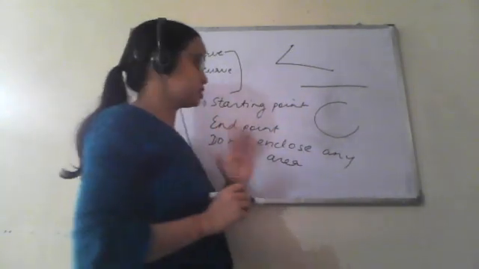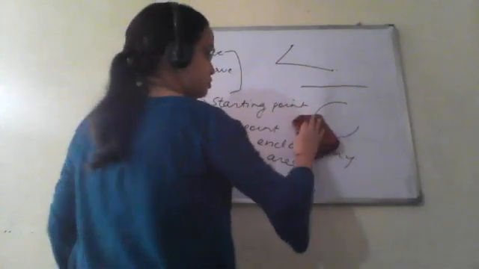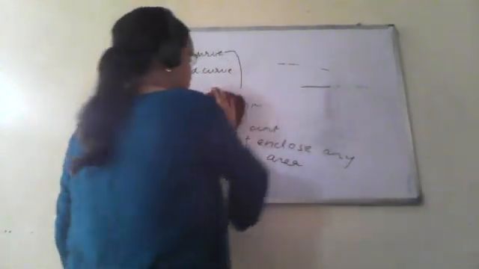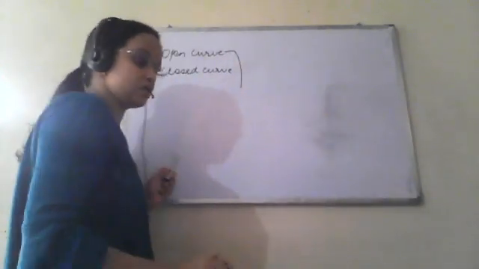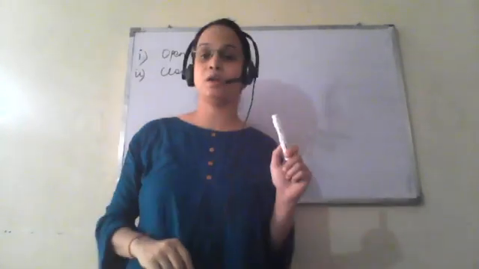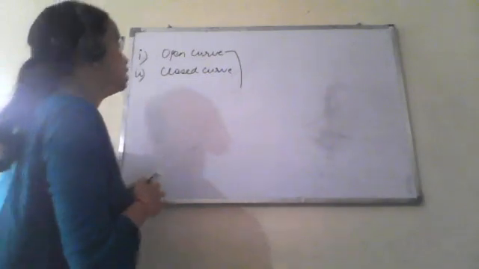I hope this is clear. Open curves are those curves which have a starting as well as an ending point, and which do not enclose any area within their boundary.